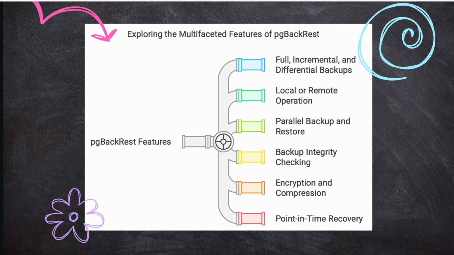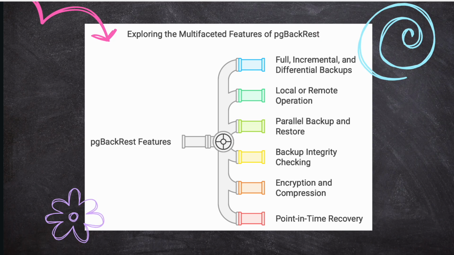Another feature is page checksum validation for databases with page checksums enabled. pgBackRest validates these checksums during the backup process, helping to detect potential corruption early. So when you are initializing the cluster, if you enable checksums, that option can be used for the backup process and it will help detect corruption early as well.